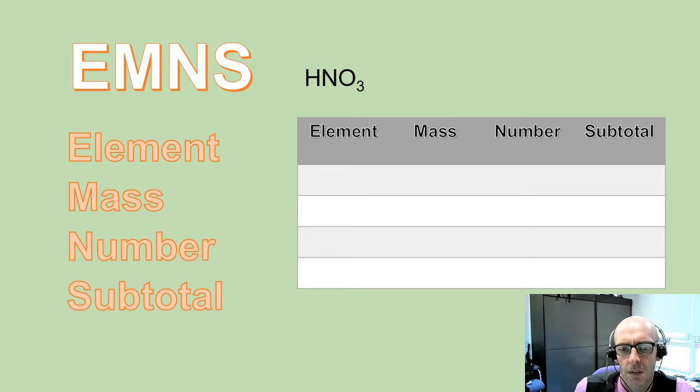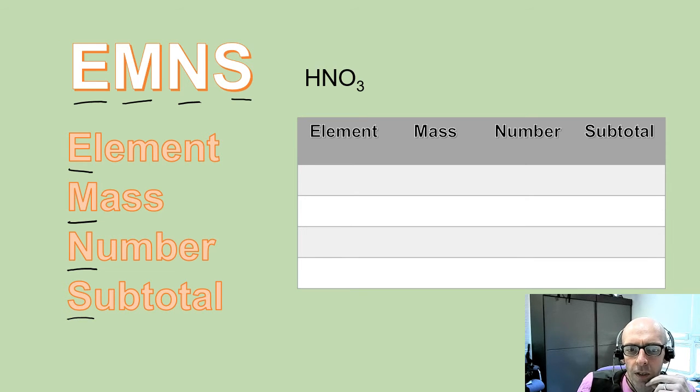So this structure, EMNS: what element is it? What's the mass of it? Just like we've been doing, there's the periodic table, you've got your element, you've got your mass. How many of them do you have, and what's the subtotal? So here's my chemical, nitric acid, HNO3.